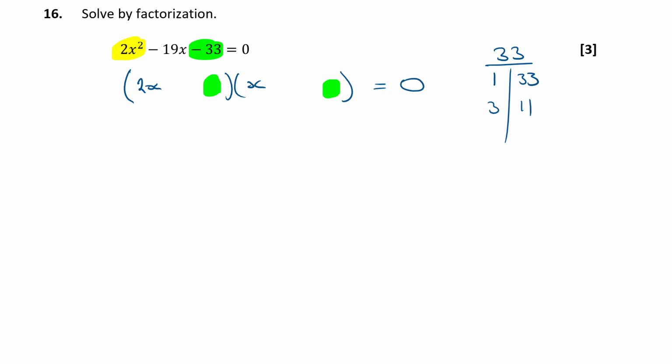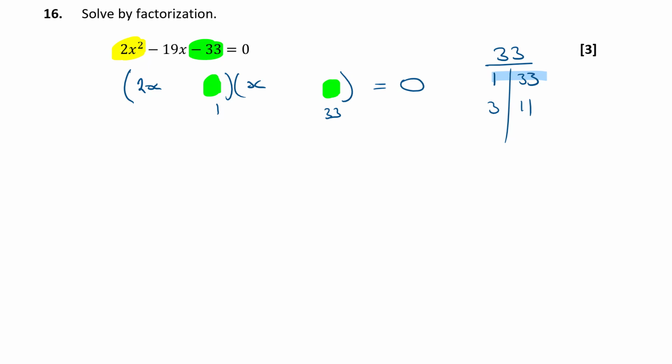So this 1 and 33 to start with, I could put the 1 there and the 33 there. So I'd end up multiplying the 2x by 33 to give me 66x, and 1 times x would give me just 1x. So I get 1x and 66x, their difference is going to be 65x, which is much too big.